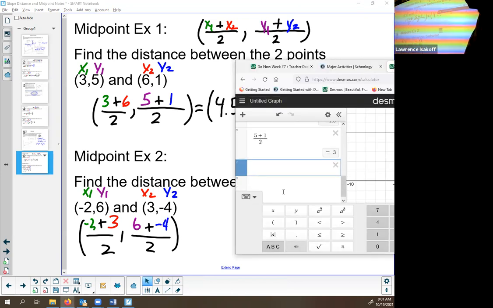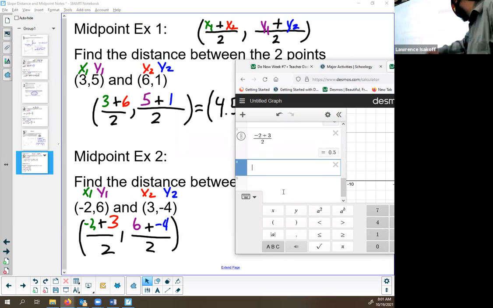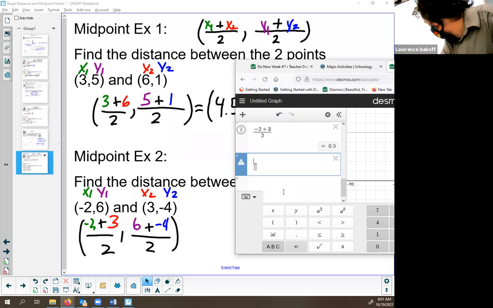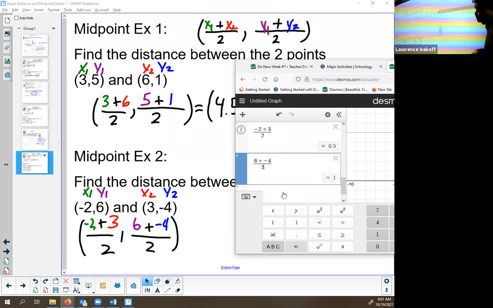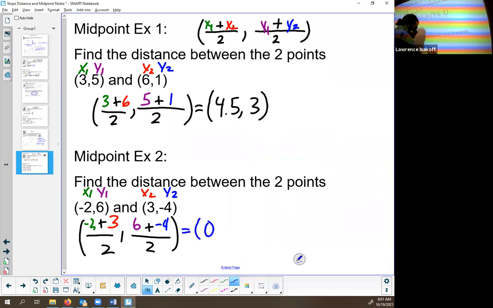Then treat them as 2 separate little problems to do. -2 plus 3 divided by 2. So that one gave me 0.5, so 1/2. And the other is 6 plus -4, all divided by 2, gives me 1. So here I get a point of 0.5, comma 1.